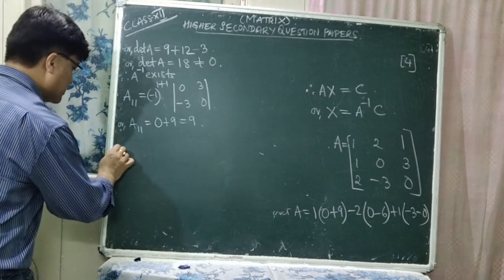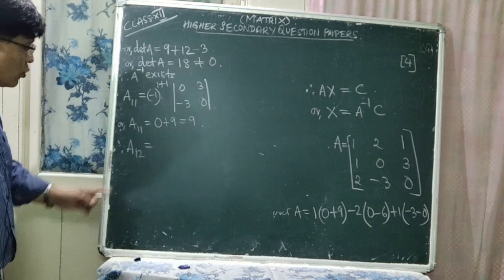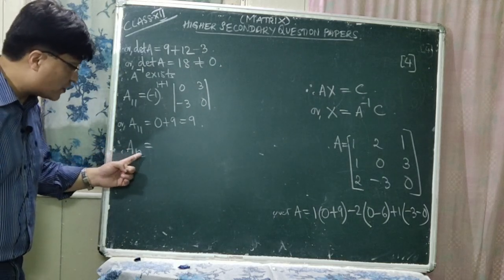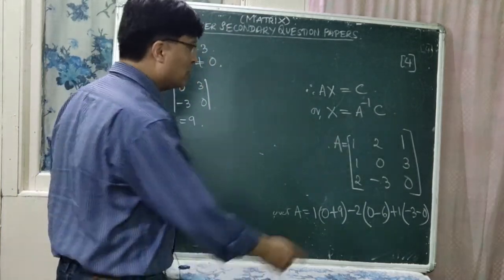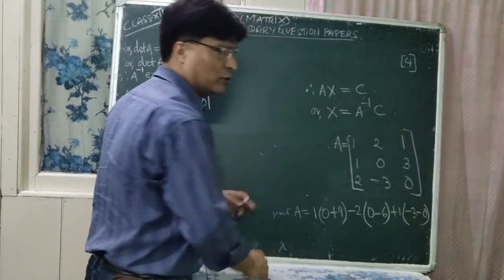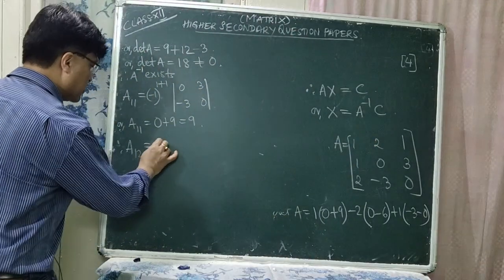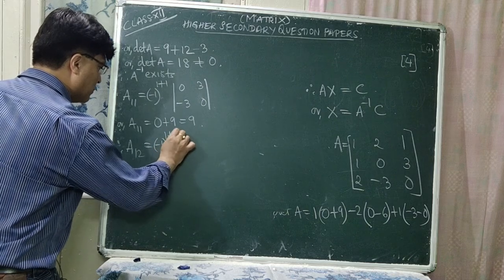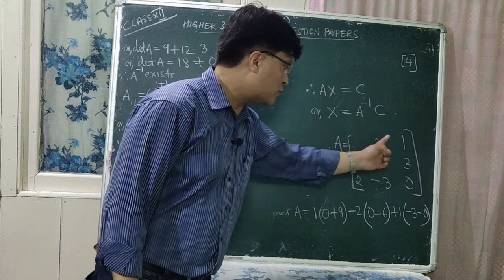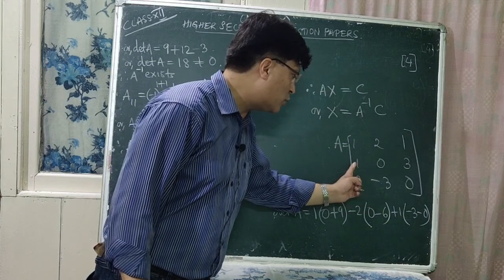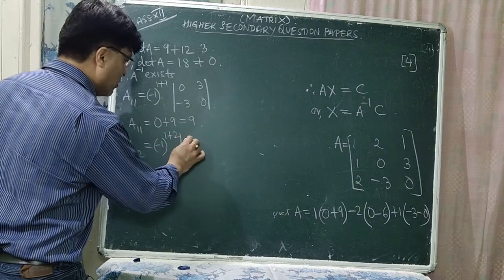Next you have to find out A12. What do you mean by A12? Cofactor of the element belonging to the first row and second column. That means 2. You should get the cofactor of this 2. First of all, consider the sign, minus 1 whole to the power 1 plus 2. Now delete the row and the column through the element 2. First row and second column are deleted. What remains? 1, 3, 2, 0. Write it as a determinant form.